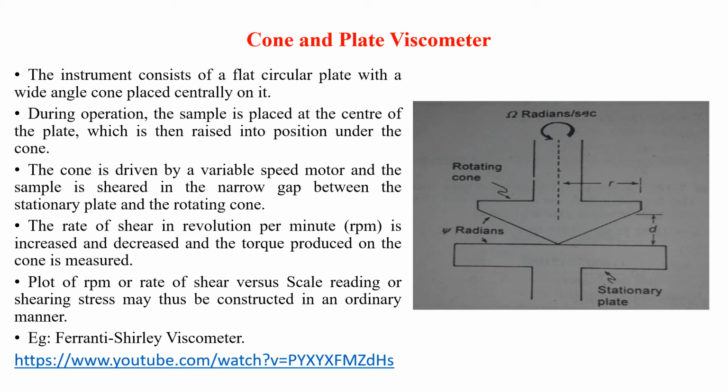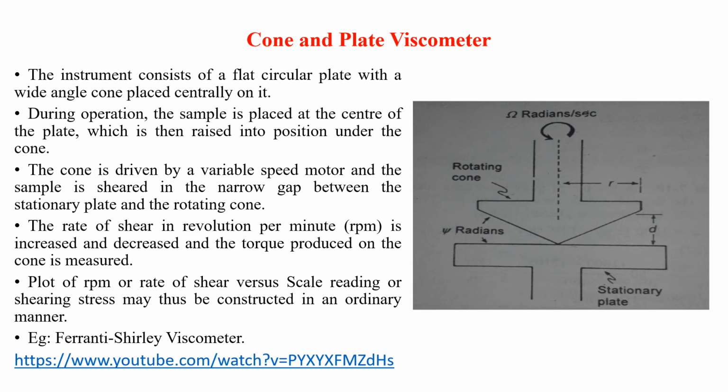So when you look at the picture, you're able to see a cone shaped part and a horizontal plate like part. It is a flat circular plate with a wide angle cone placed centrally on it.